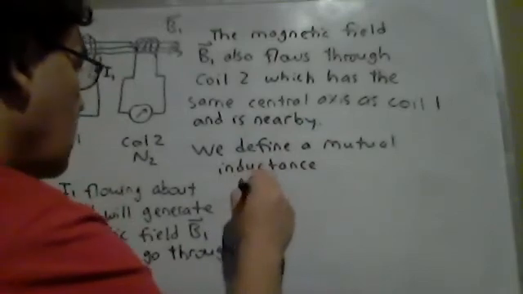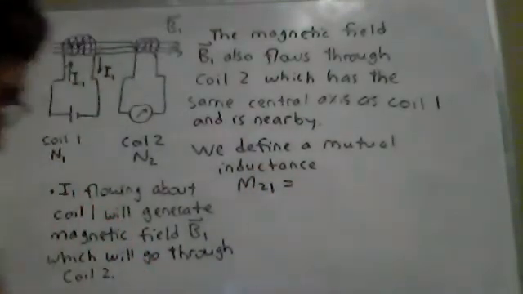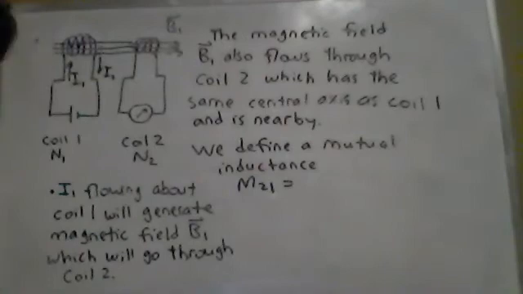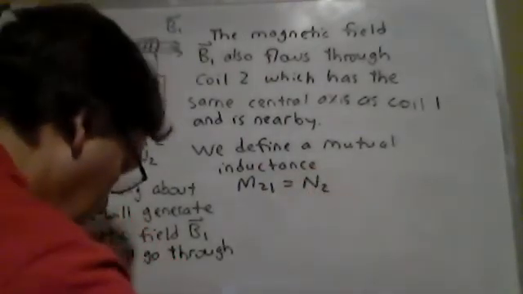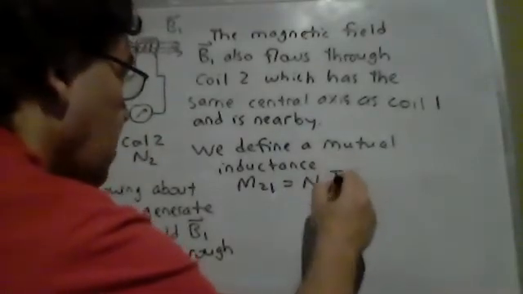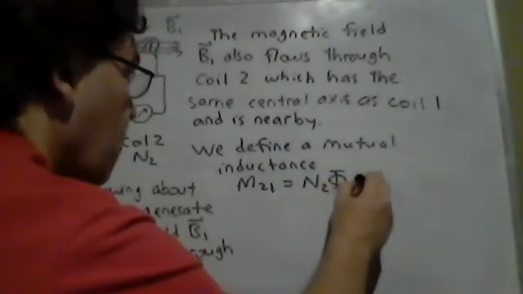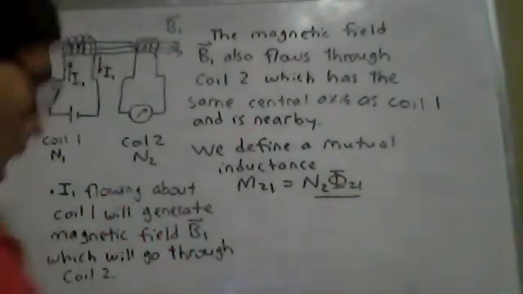We define a mutual inductance, call it M21, which is given as the number of flux linkages, N2 Φ21, divided by I1.